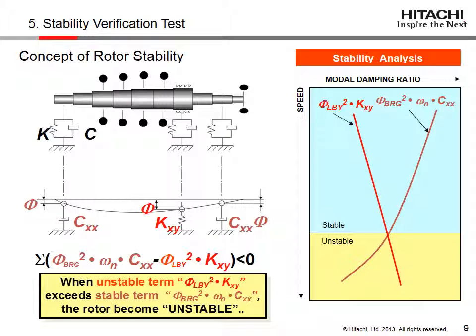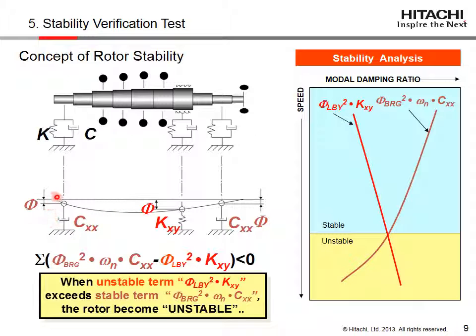This figure shows a simplified rotor stability. This is the rotor at operating mode, stabilized by the bearing damping coefficient, and this is the deflection at the bearings.